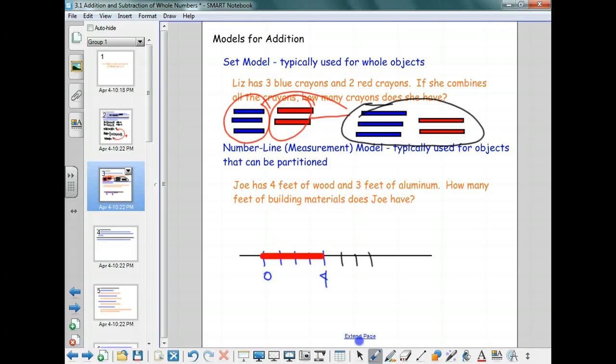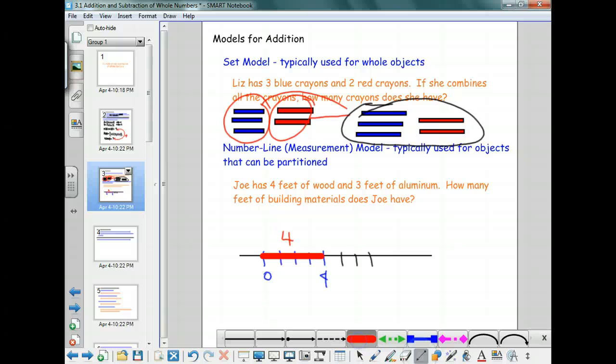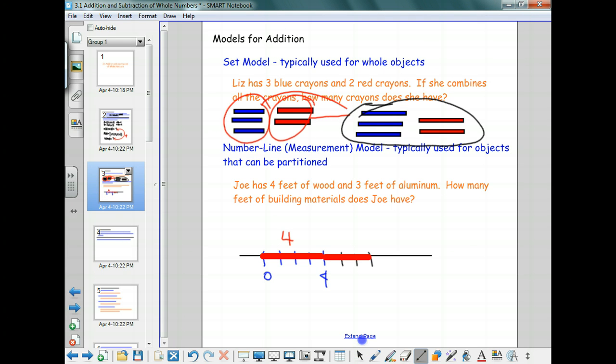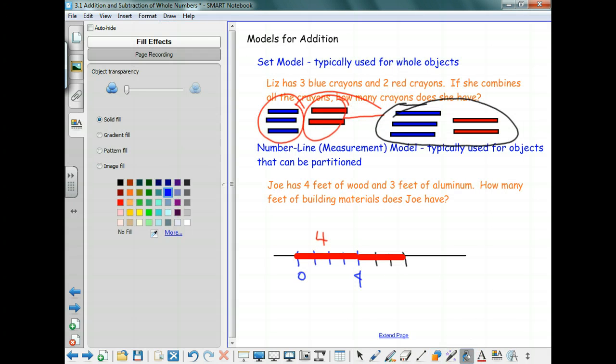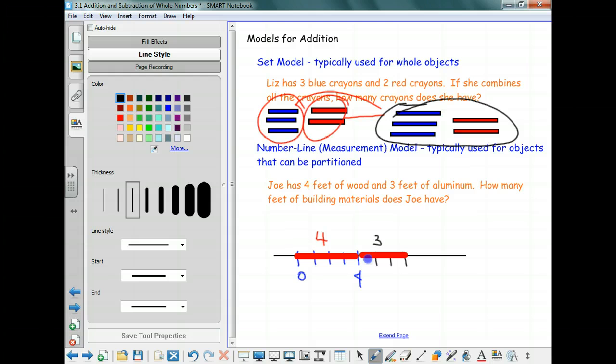It's 3, so this one was 4 and this one's going to be 3. So where does this end? 7.